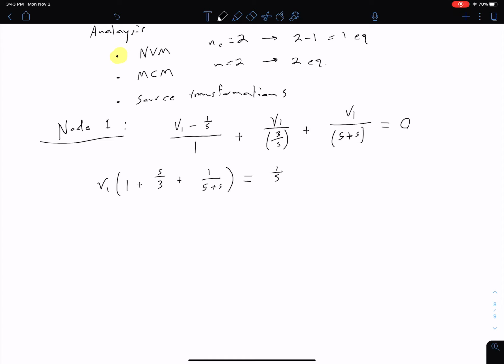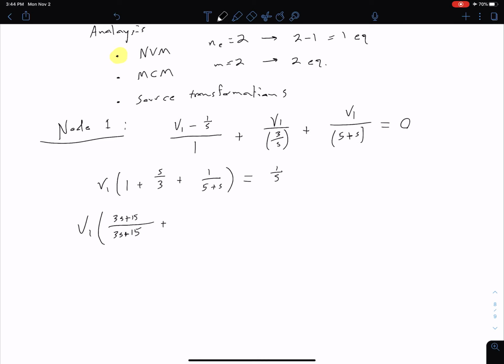Now, this term being multiplied by V1, I can find a common denominator. The easiest way would be to just multiply the three denominators together. Of course, this is implying this is 1 over 1. So we have 3 times 5 plus S, which becomes 3S plus 15. Our 1 is just going to be 3S plus 15 divided by 3S plus 15.